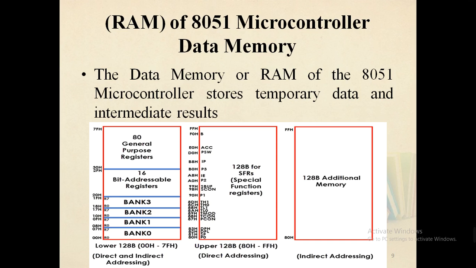RS0 and RS1 are the third and fourth bits of the program status word. When addressing the register using its address, suppose 12H for example, the corresponding bank may or may not be selected. 12H corresponds to R2 in bank 2.